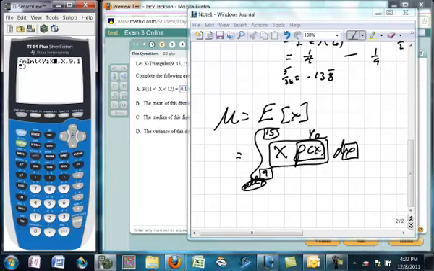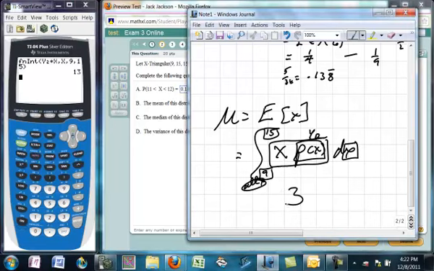Oh, that's weird. Okay. Got these out of order somehow. There we go. y2 times x, or x times y2, and then do this. So this should produce the mean, which is 13. Now, it turns out that there's a shortcut for a triangular distribution.